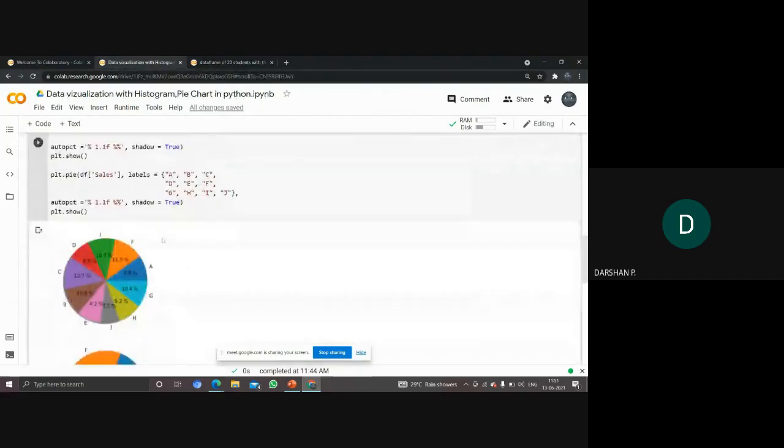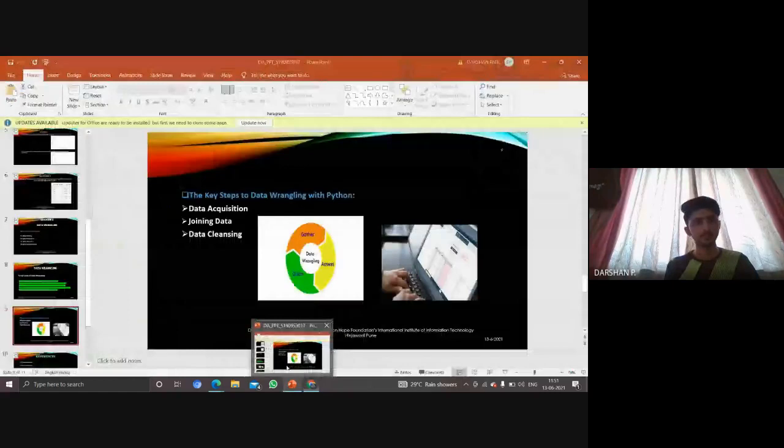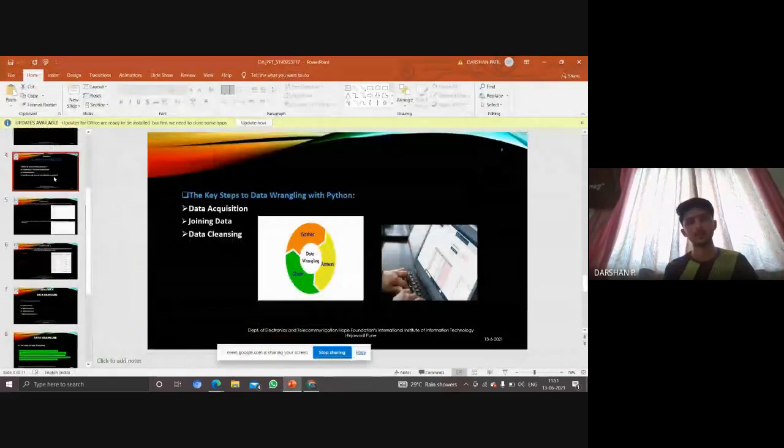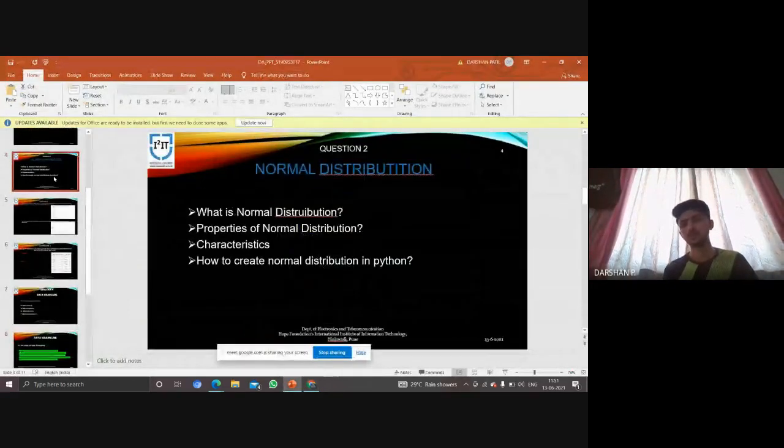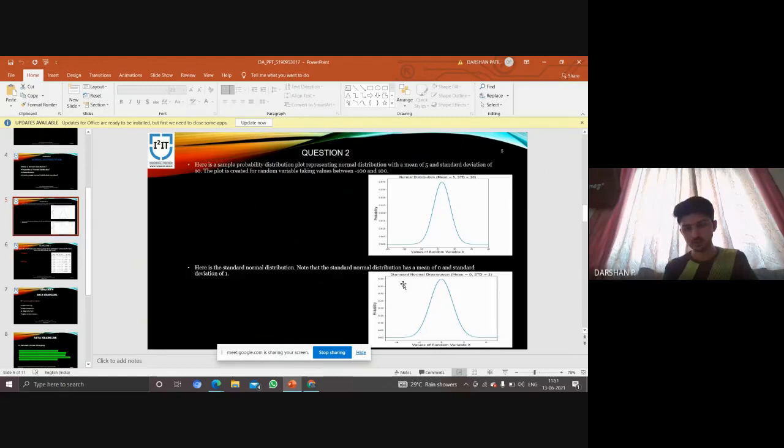This is the output for them. Then the data normalization, where the mean, mode, and median are equal and the curve should be symmetrical at the center, and how to create the normal distribution in Python. It gives the standard normal distribution, with mean as 0 and deviation as 1.